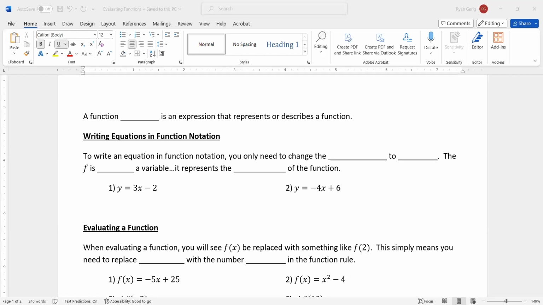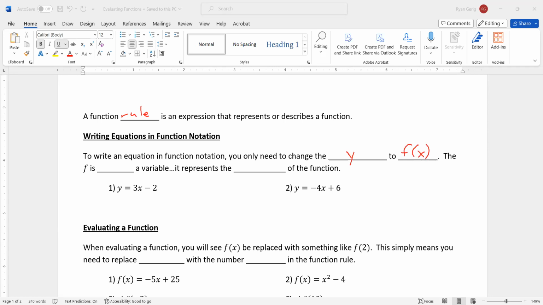A function rule is an expression that represents or describes a function. So we need to write equations, which we've dealt with all first semester, in function notation. So to write an equation in function notation, you only need to change the y to f parentheses x.